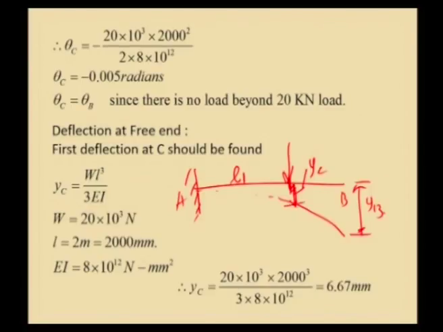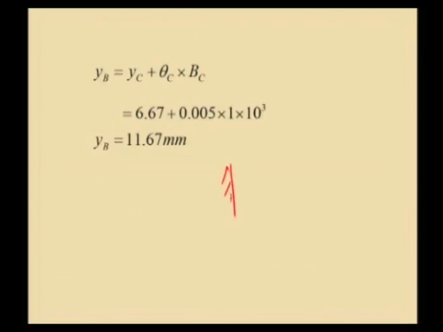So, we are having this deflection value. Now we want deflection at B. That can be found using, say, you have the cantilever beam which deflects like this. We have deflection at C, then I want deflection at B, the free end. So, we can easily find this difference by using the theta and length concept.